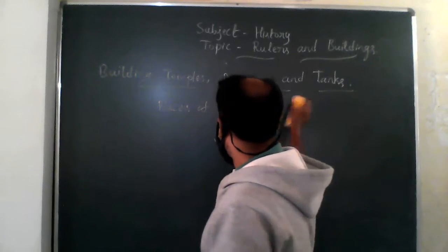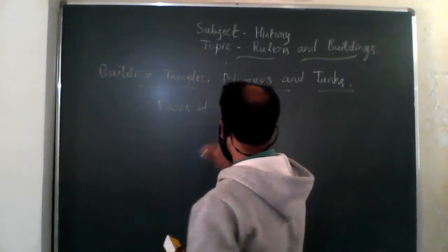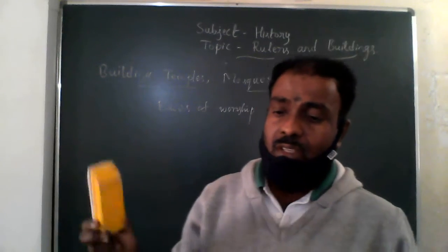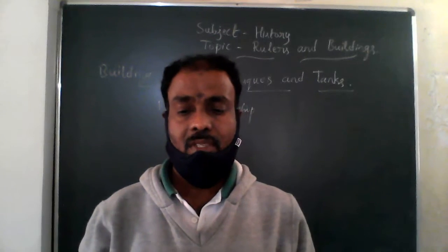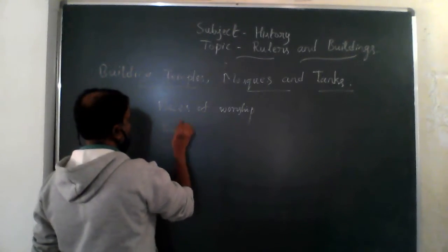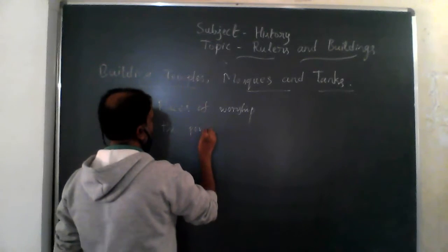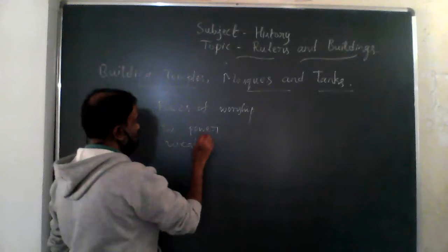These temples and mosques were also meant to demonstrate the power as well as the wealth. Understood now?